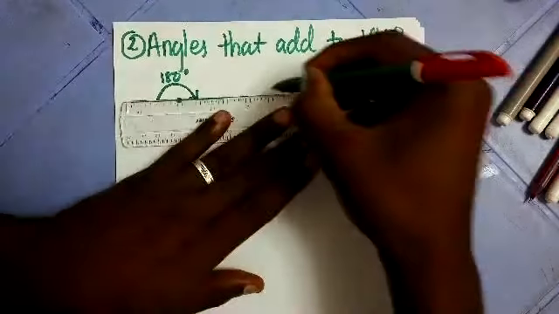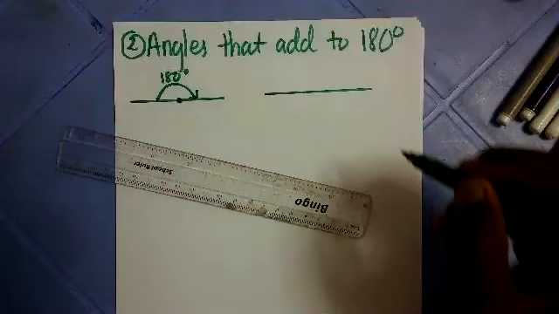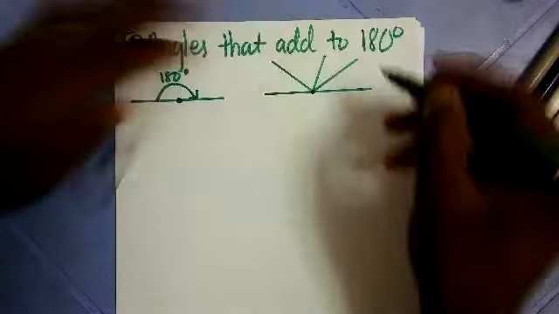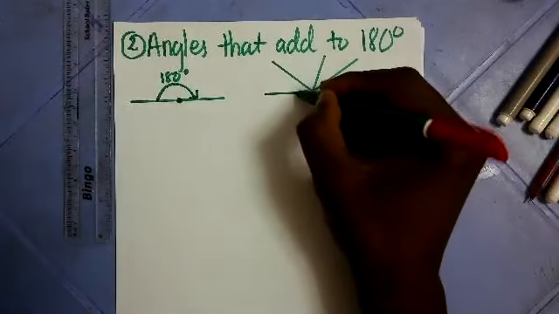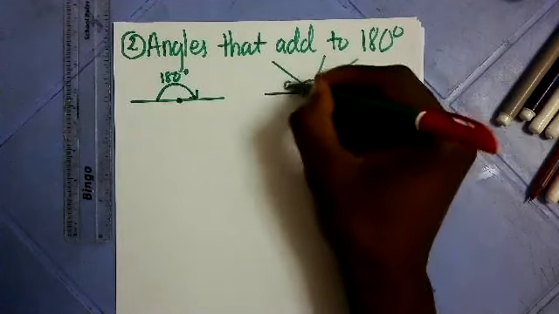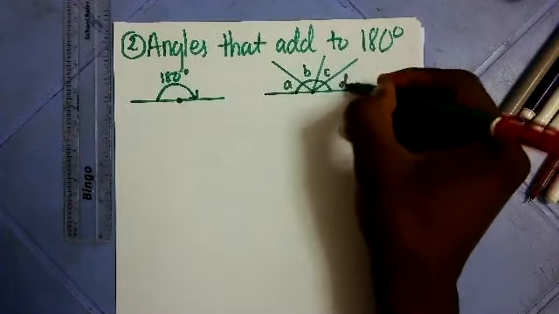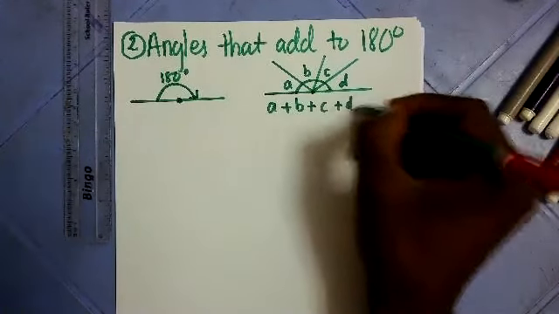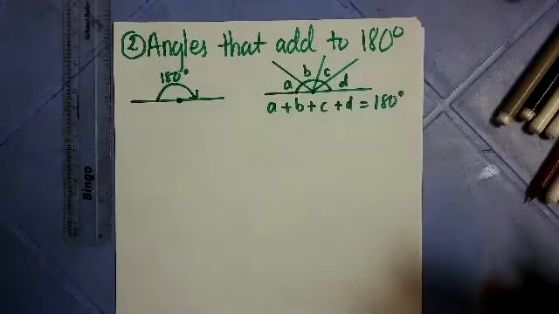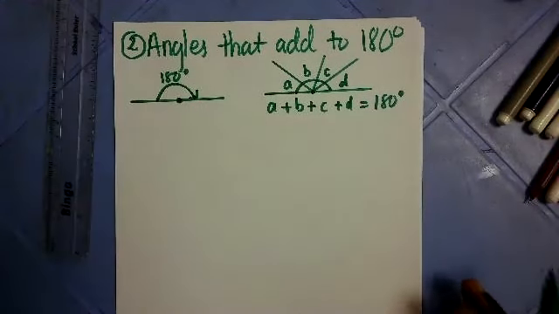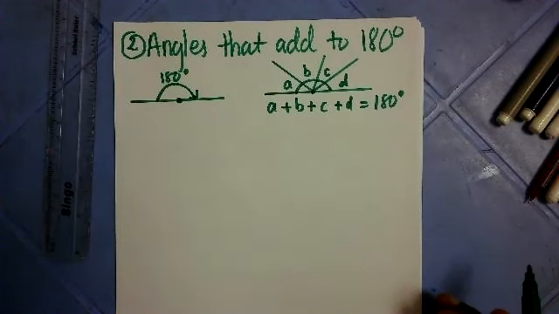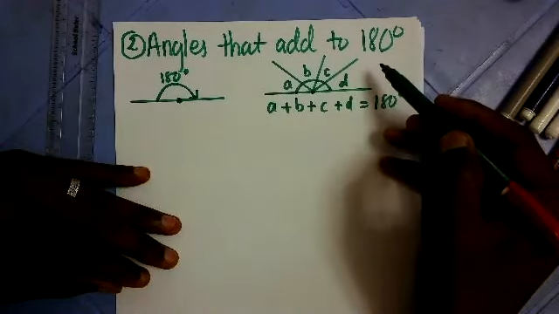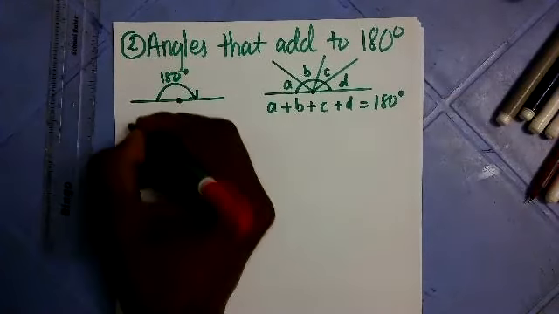So if I have many angles like that on a straight line, as long as it is a straight line, then the angle here, angle there, angle here, and angle here, all of them will add to 180 degrees. So this is like the second property of angle properties. The first one, we saw angles which added to 90, and now we are looking at angles which add to 180 degrees. Let's see an example.